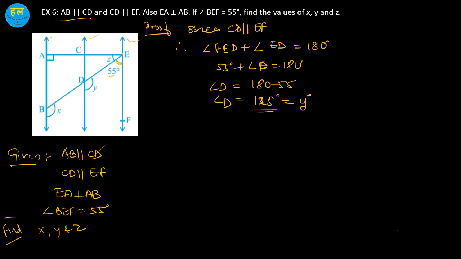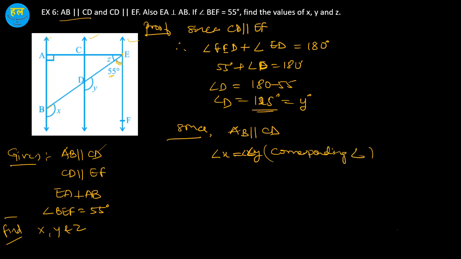Okay, and since you can see AB is parallel to CD, therefore angle X will be equal to angle Y. Why? Because of corresponding angles, right? Therefore angle X will be 125 degrees.